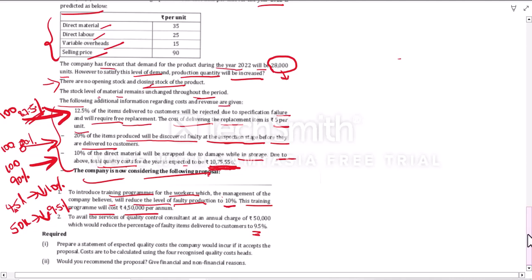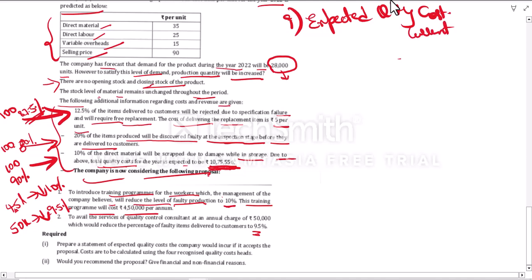We have to prepare a table of expected quality cost. We have to prepare it in both situations, the current situation and the proposed scheme, so that we get to know how much more profitable this became.